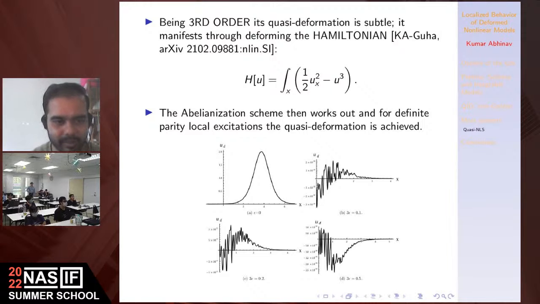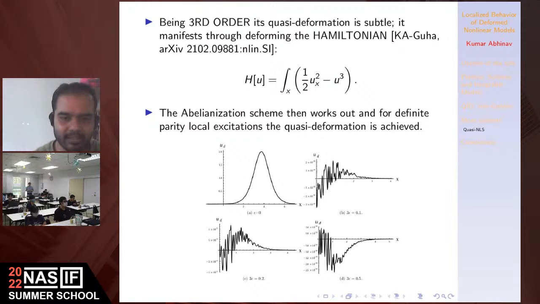Actually, there are two different Hamiltonians for KdV. We choose this Hamiltonian and you can deform it. I won't go into the detail. It is exactly the same. You define the Lax pair. You use this loop algebra in KdV, because you can introduce loop algebra in KdV also with generators. You have this abelianization. You obtain quasi-conserved charges that I showed you.